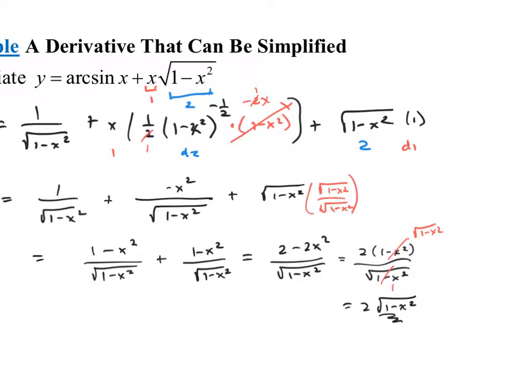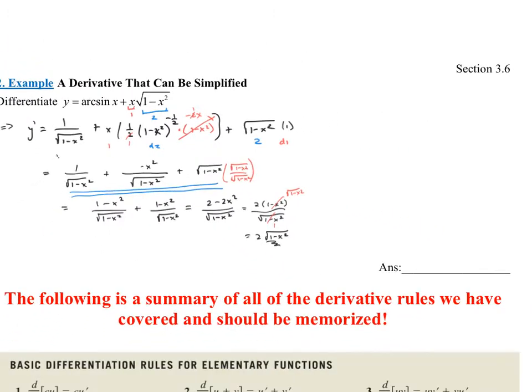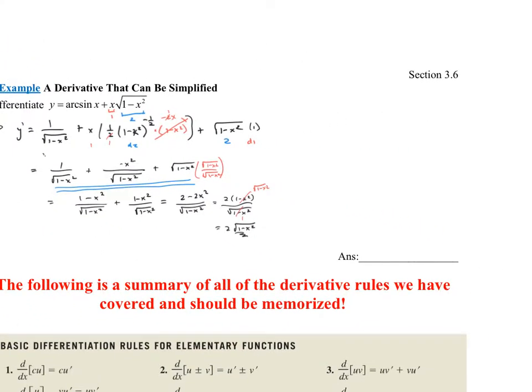So I'm going back to this one right here. This is my answer. I like that one right there before I got a common denominator with everything. It doesn't really matter. The most simplified version that I can find of this one is 2 times the square root of 1 minus x squared. But that's truly not what I would have given.